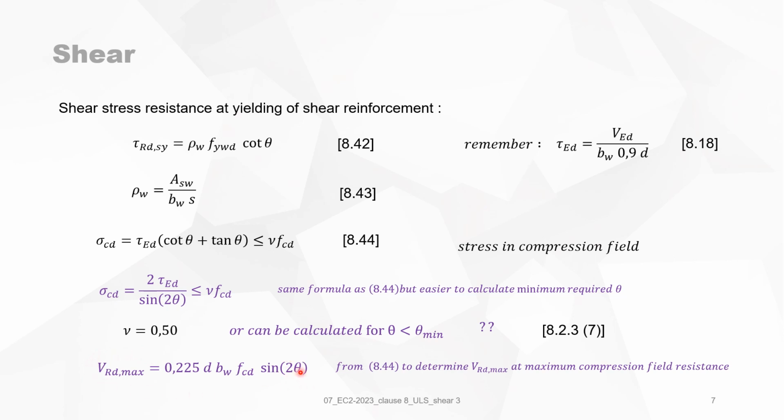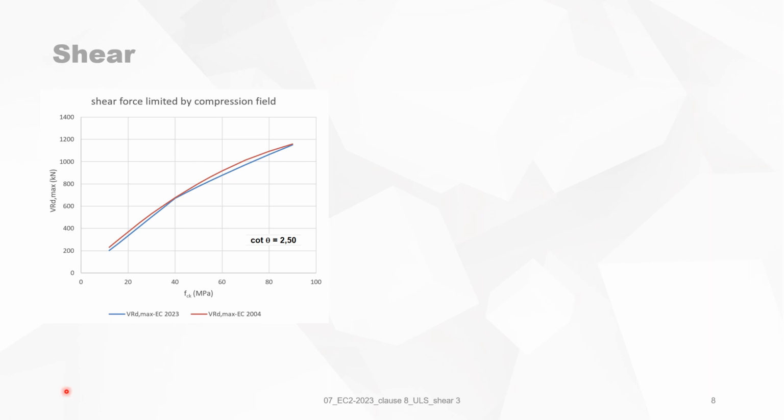So in function of theta, you will have different maximum values of the allowable shear force. We can make a graph. On the x-axis is the concrete quality, and on the y-axis the VRD max, the maximum allowable shear force due to the compression field.